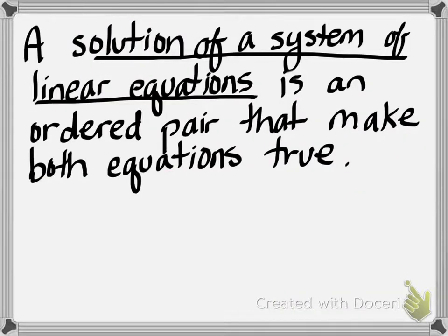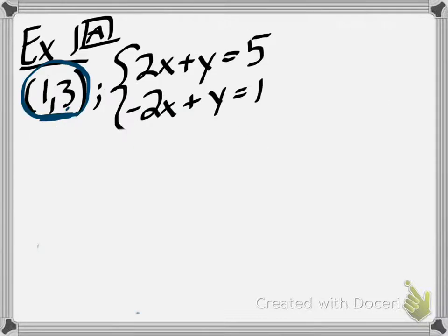The solution of a system, because we have to do something with them, we're going to find the solution of them. And the solution is an ordered pair that makes both equations true. So using the equations, we will be finding an ordered pair, and that ordered pair is a solution. Here's an example, example 1a.